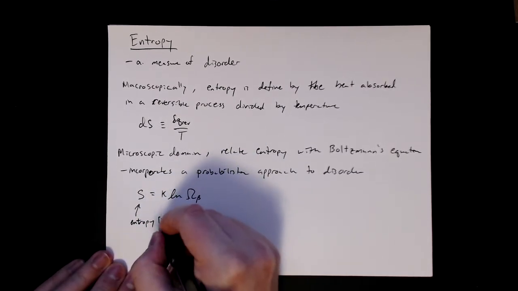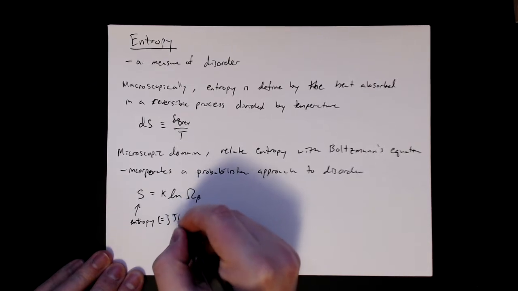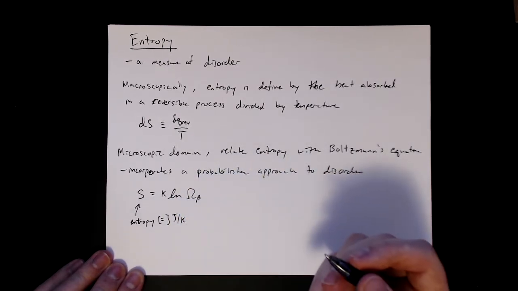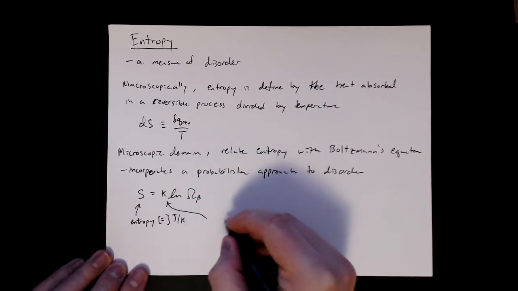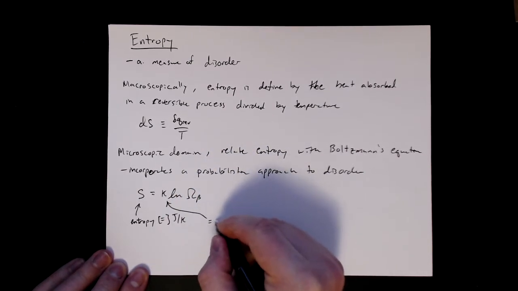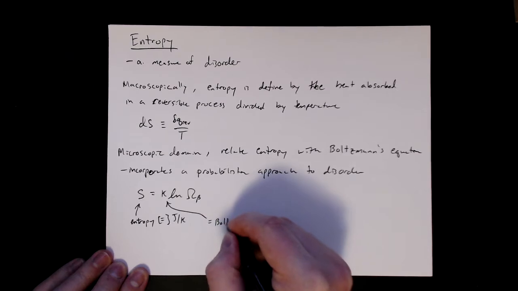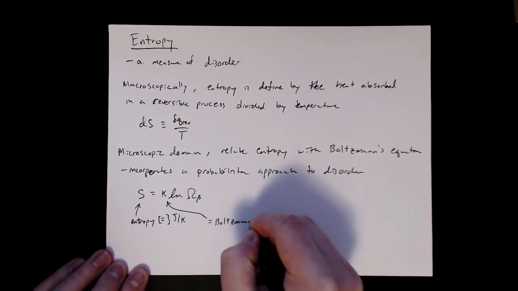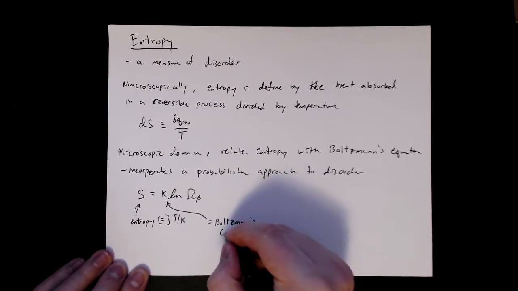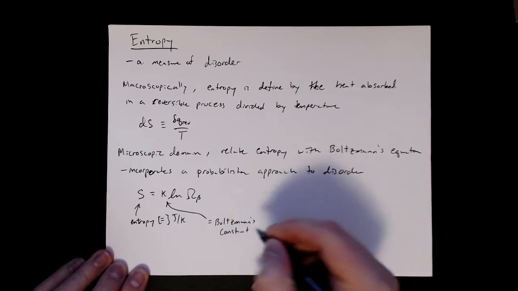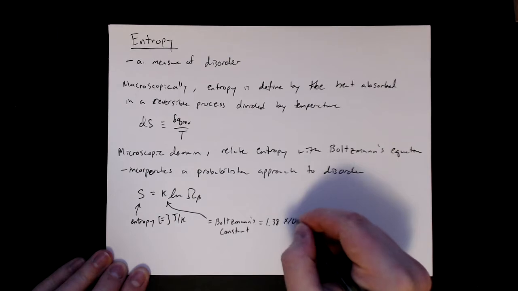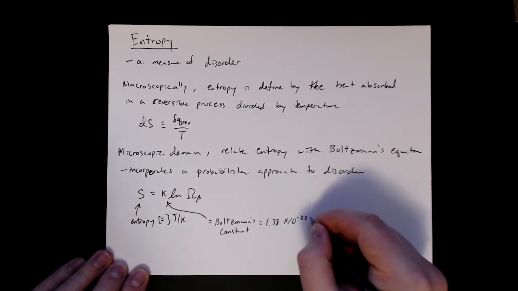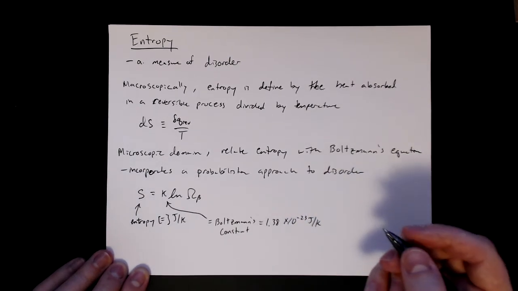And so this has units of joule per K. This k is a constant, and it's known as Boltzmann's constant for obvious reasons. And that's equal to 1.38 times 10 to the minus 23 joules per Kelvin.